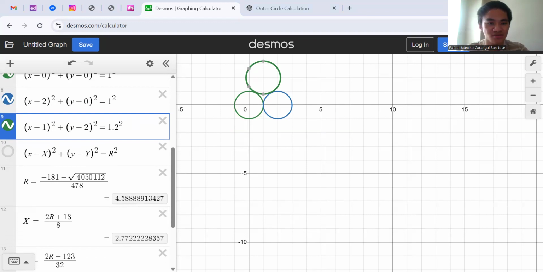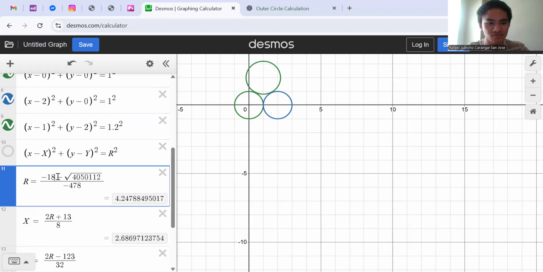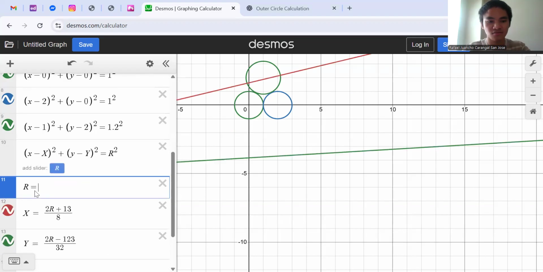Negative 2 point, oh geez, 2.178 plus minus. So we can do plus first. We're gonna add it to 17.3856. This is over negative. Oh crap, what did I do?